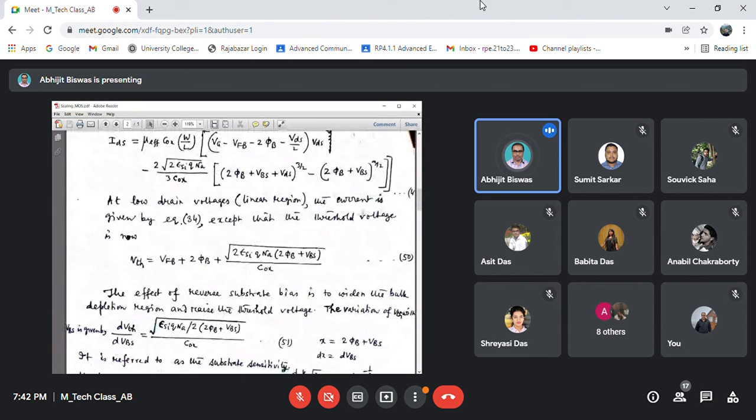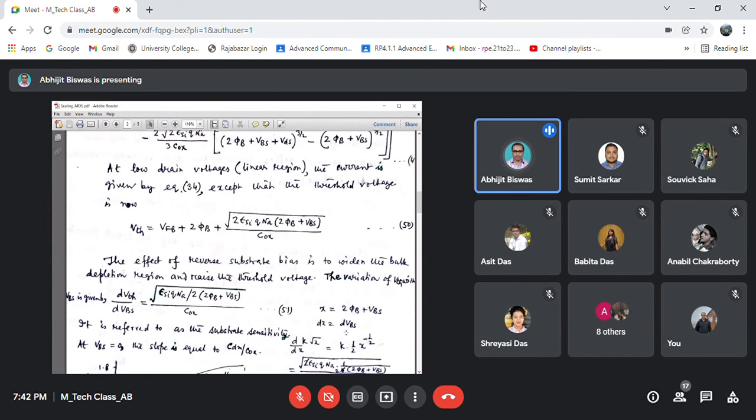So from this equation, we can also write the expression for the threshold voltage, that is VTH, equal to flat band voltage plus 2 phi b plus root over, it is the depletion charge. You know that in a reverse bias condition, this depletion charge is higher due to the presence of VBS along with 2 phi b.